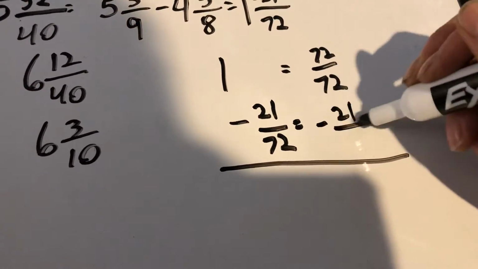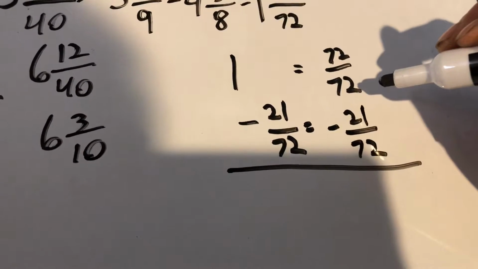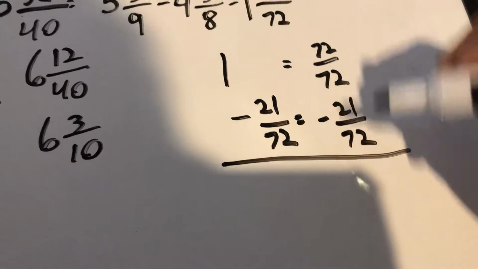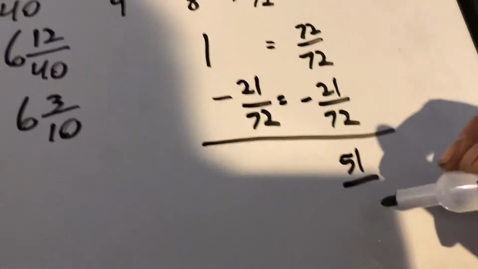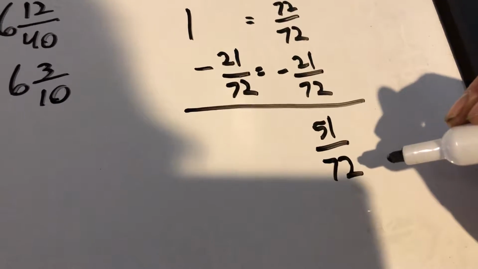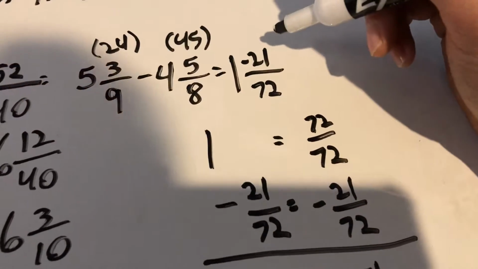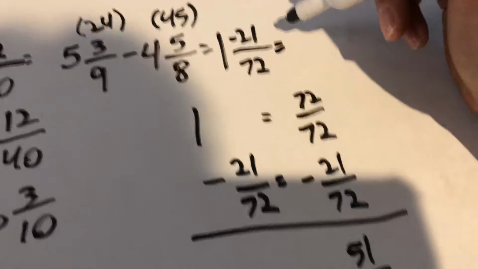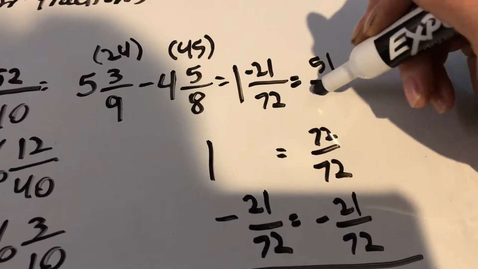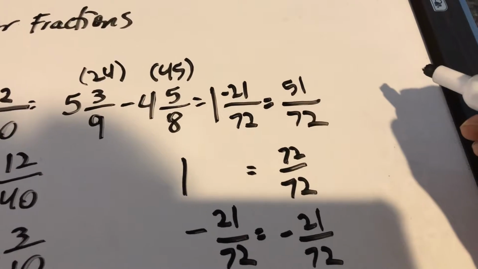Minus 21 over 72. So 72 minus 21, which equals 51 over 72. So 1 negative 21 over 72 equals 51 over 72 as my final answer.